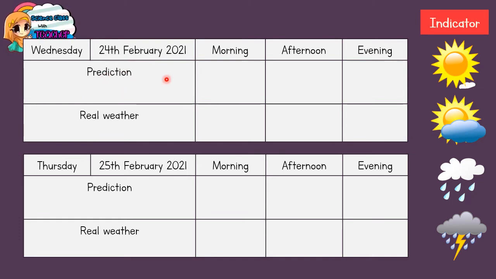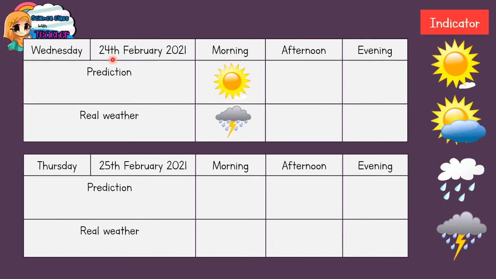For example, I predict that Wednesday morning will be sunny. However, when I observe the real weather on Wednesday 24th, the real weather turns out to be thunderstorm.